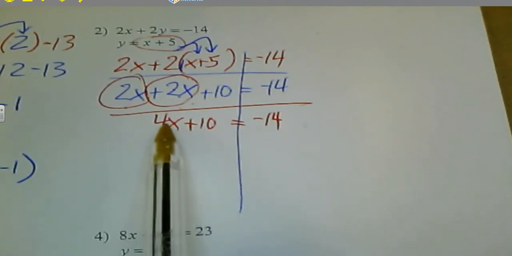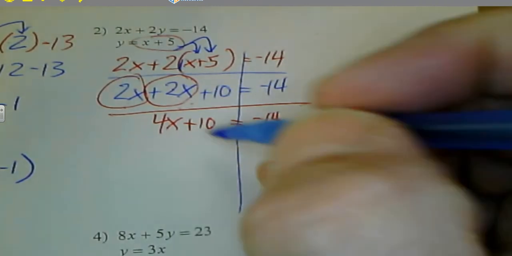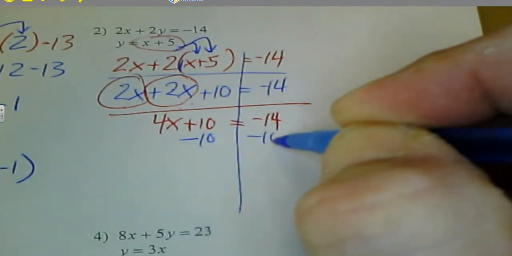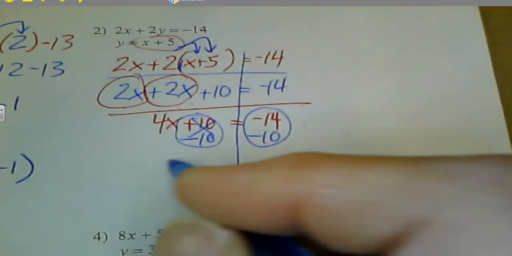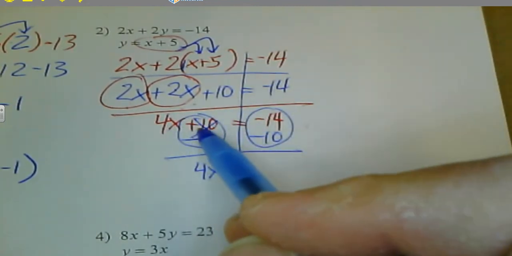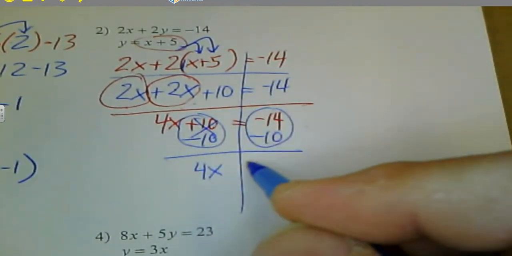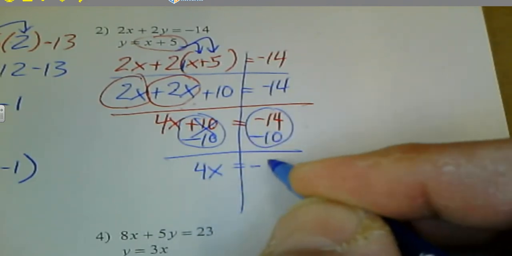Well, the 4 is attached, so that's multiplication. So it's the plus 10, so we're going to subtract 10 from both sides of the equation. What we do on one side, we must do on the other. We're left with that 4x over here. Because these are opposite operations, they're gone. They're 0. Negative 14 minus 10 is negative 24.